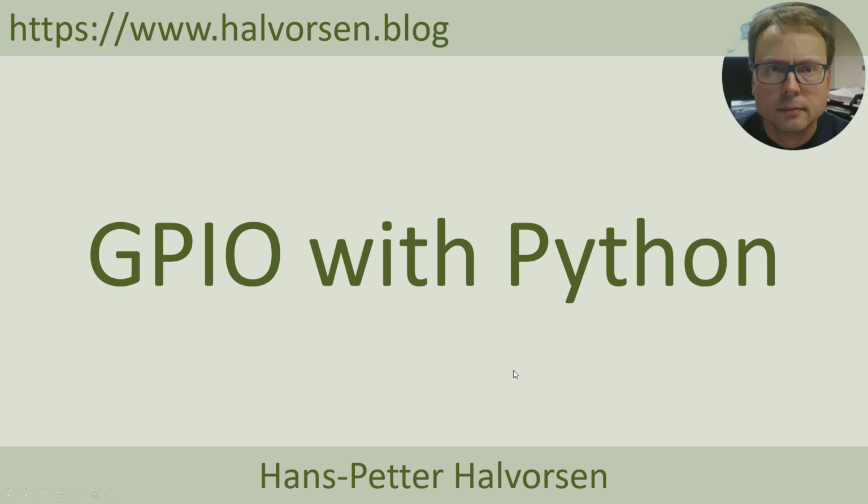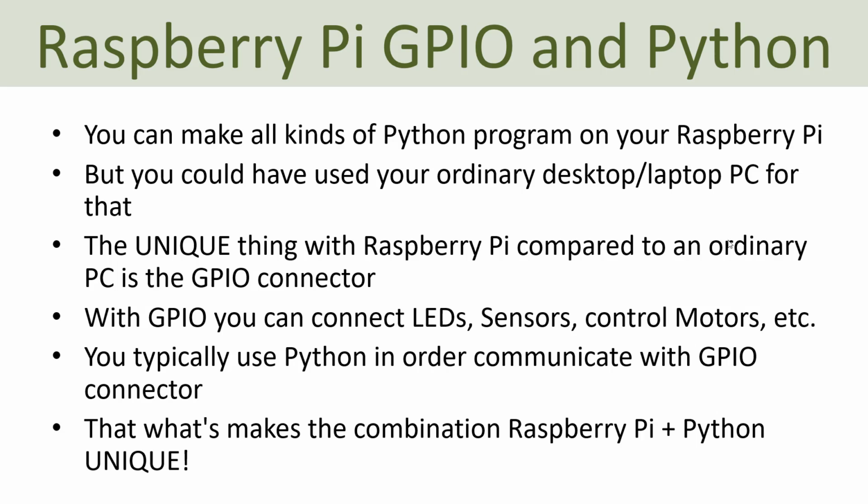So let's see how we can control and read these pins from the Python programming language. We can use Python to program all kinds of programs on the Raspberry Pi, but these ordinary Python programs can also be programmed using your desktop computer. The unique thing about Raspberry Pi in combination with Python is this general purpose input-output connector.